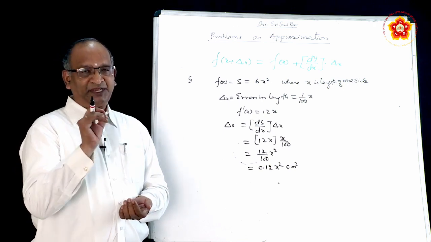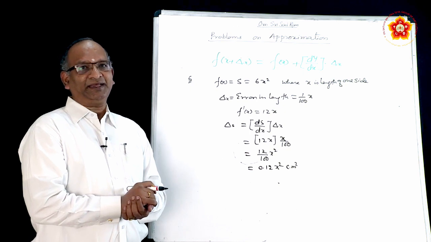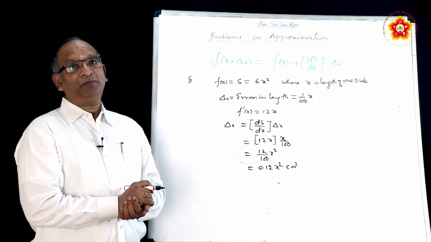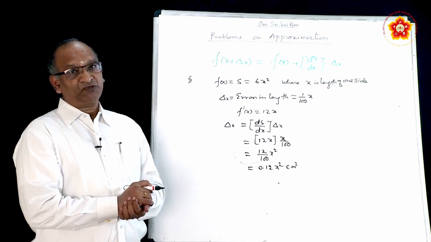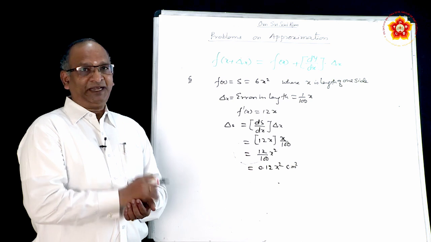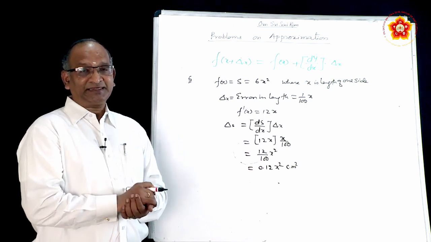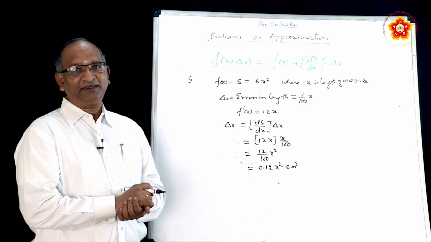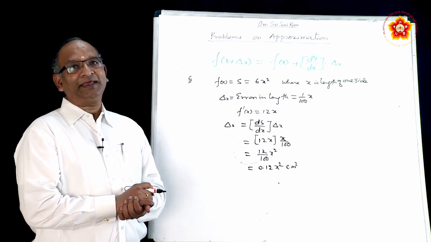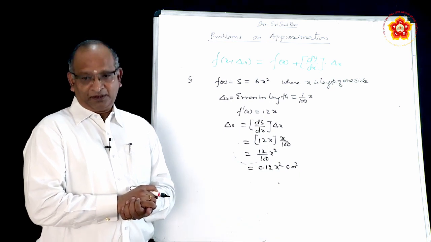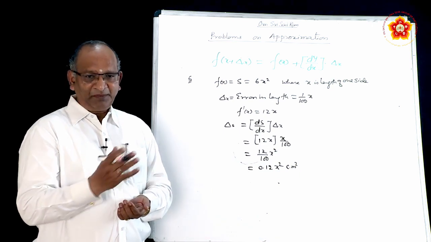If you make a mistake of 1% in measuring the length, the area is going to differ by 12%, and if it is volume, it will be much more huge. So, whenever we are measuring, it is necessary that we measure the distances very precisely without making any error. We move to the next problem, and the problem is very similar.